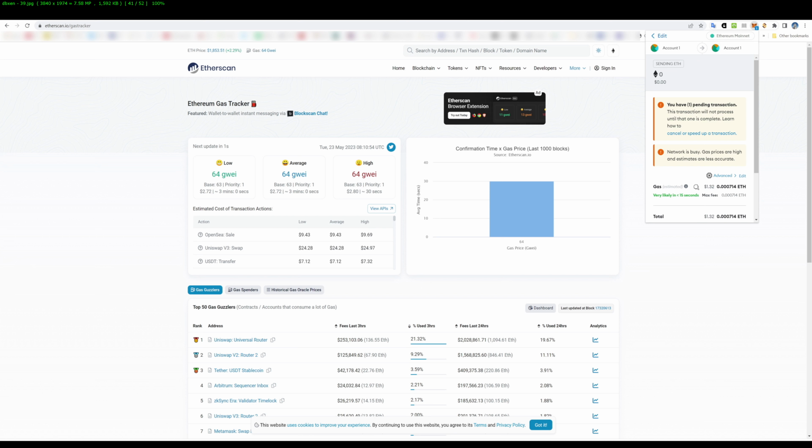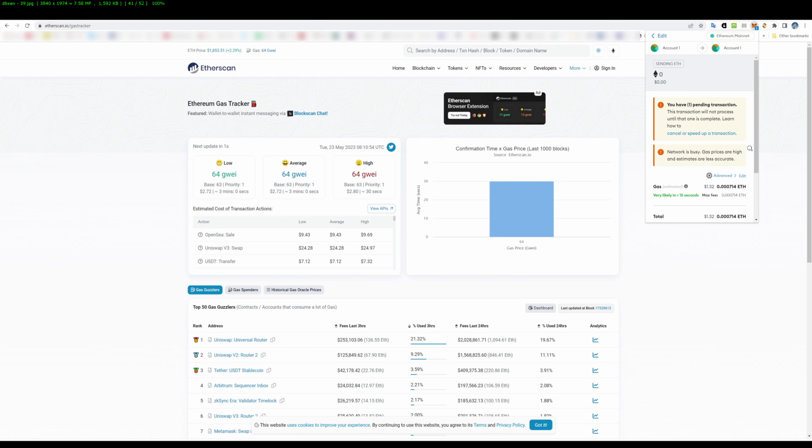Then you see I have a pending transaction, and if I did another transaction, it would also go into pending transactions. But because we will try to override this transaction, it will be picked up if we tip the validators and do a slightly more expensive transaction.